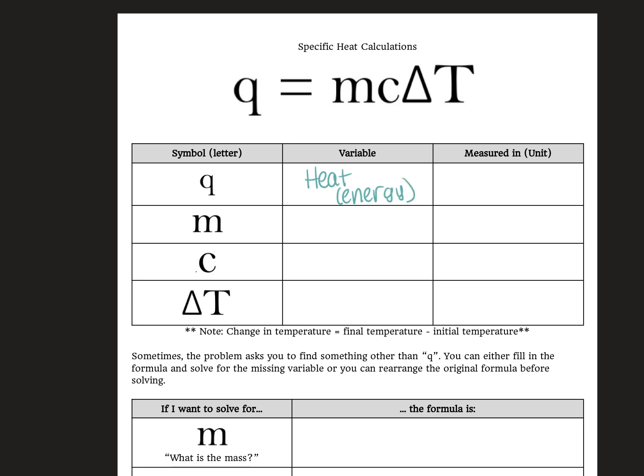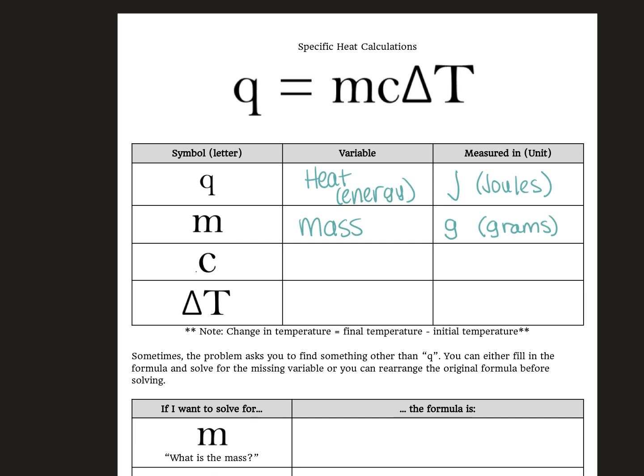We will measure Q in J, which stands for joules. M stands for mass, and we measure it in G for grams.